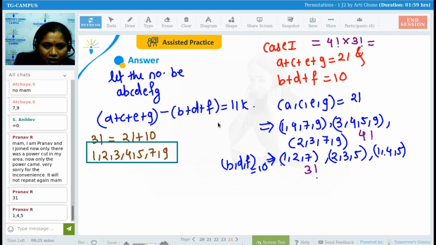Now, based on these two possibilities, just forget about all these things. If we consider the 7-digit number as A, B, C, D, E, F, G, then we need to add the odd places: A plus C plus E plus G minus B plus D plus F will be equal to a multiple of 11. With common sense, the highest odd-place and even-place solution for 31 is 21 plus 10.